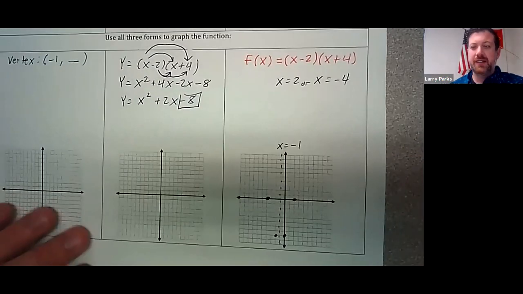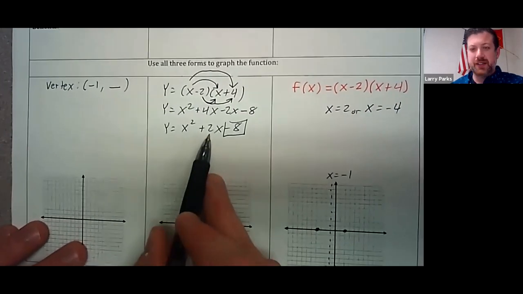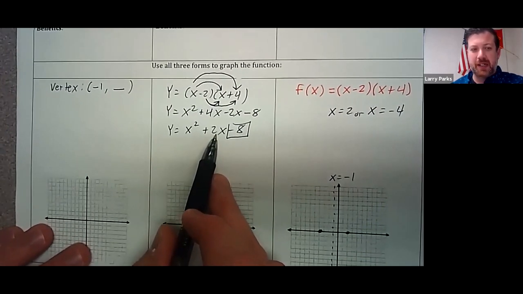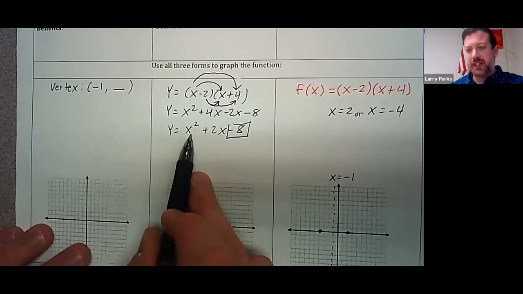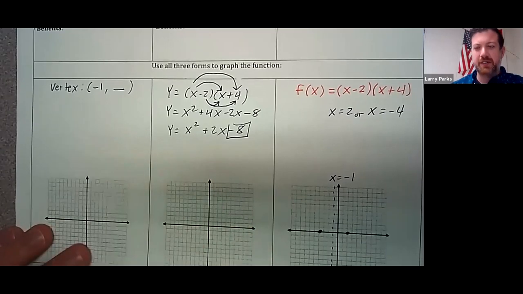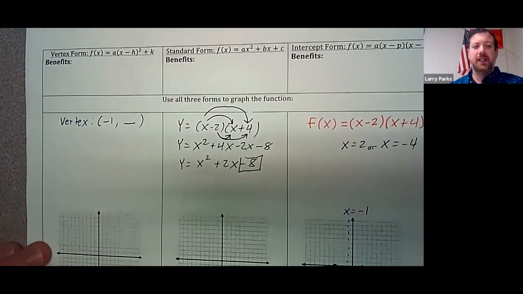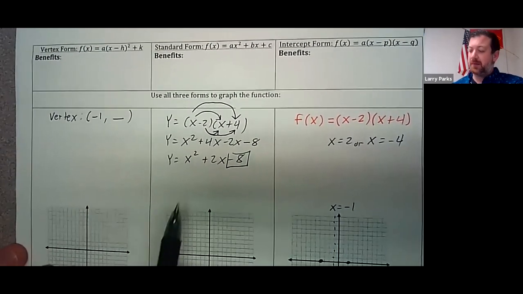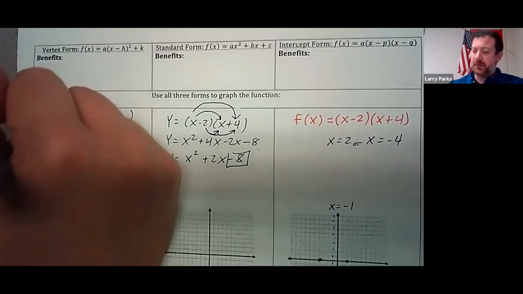All right. Now, if I wanted to, I could have used the formula b divided by negative 2a would be 2 divided by negative 2 times 1, which is negative 1, to get the vertex of negative 1. Okay. Now, I'm going to plug negative 1 into this to get the y value.